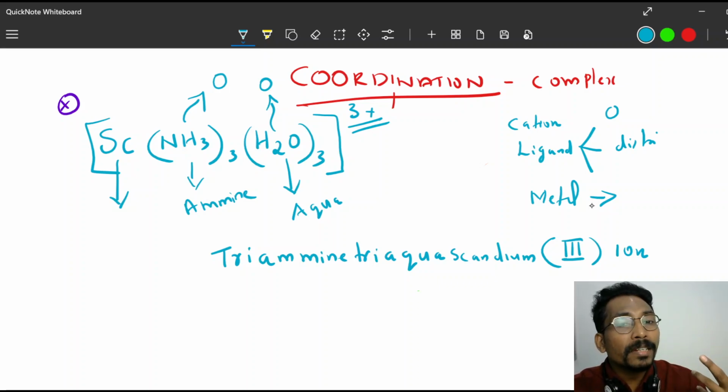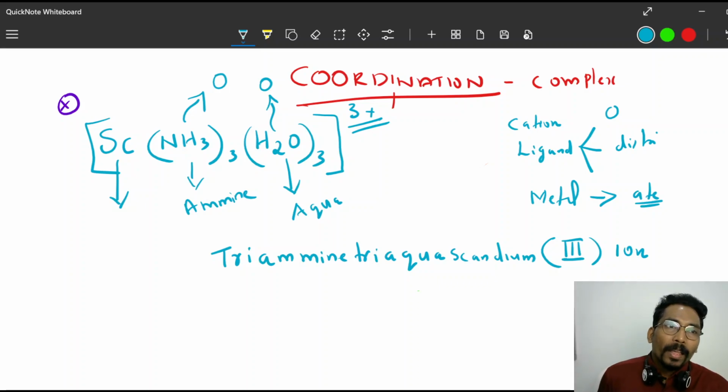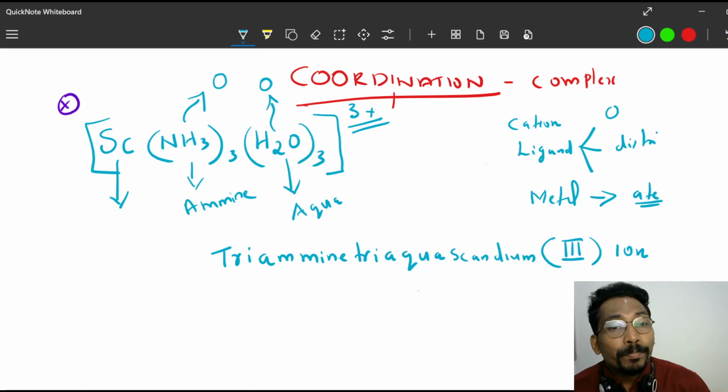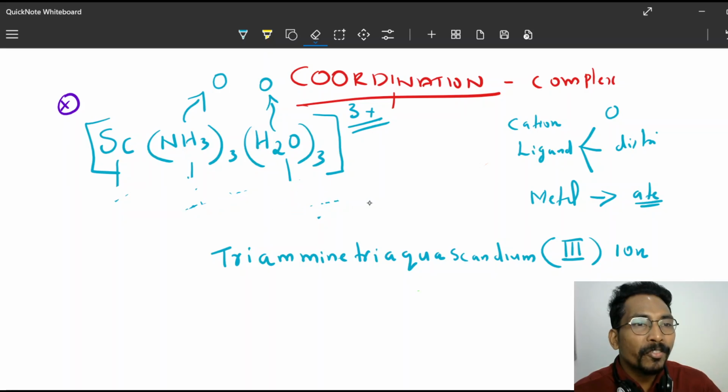But if the coordination sphere is negatively charged, you have to add the suffix ate, like nickelate, ferrate, like that. And you have to represent the oxidation state of the central metal atom in bracket, in Roman numerals. So these are the important rules for nomenclature. So I hope it is perfect.